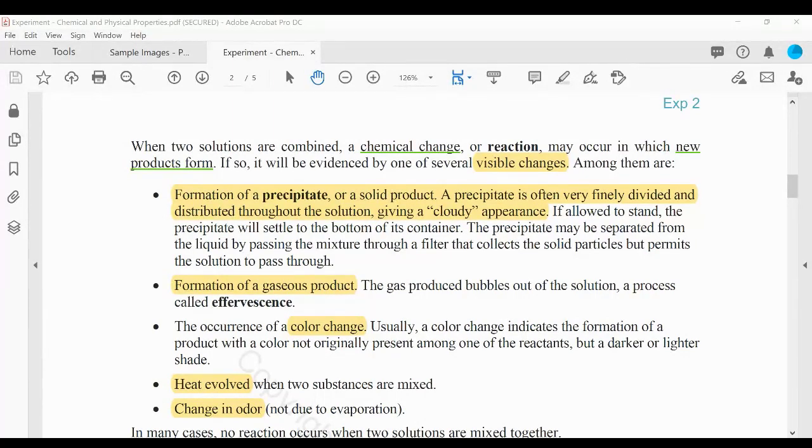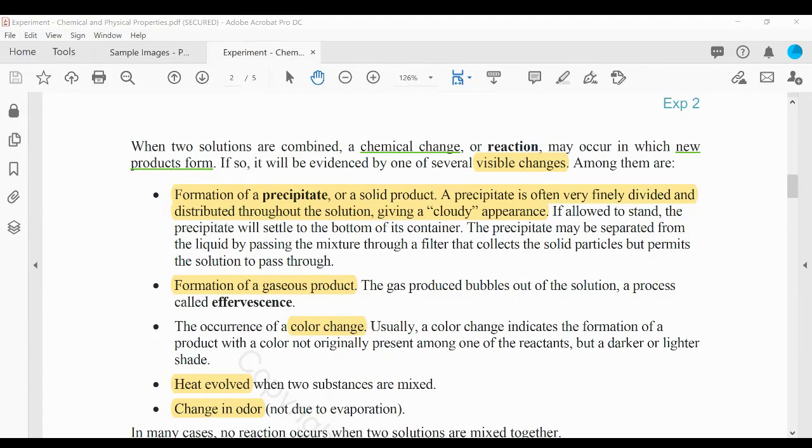And here it's called effervescence. Sometimes I take vitamin C and I put the little pill inside the water and you see effervescence. Or when you open carbonated water, we see the formation of CO2, that is the gas, and the bubbles that come out of the solution.